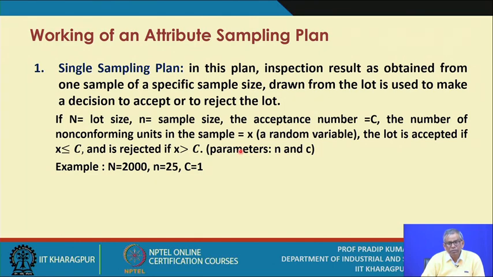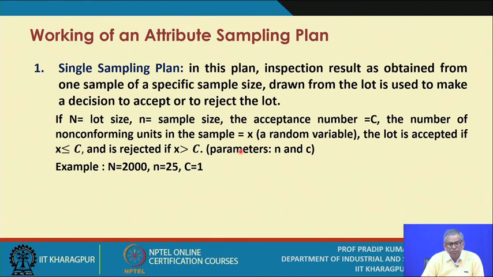That means under this category you have a host of sampling plans, and one or more such sampling plans you have to use. So the first thing you must know is the working of such a sampling plan.